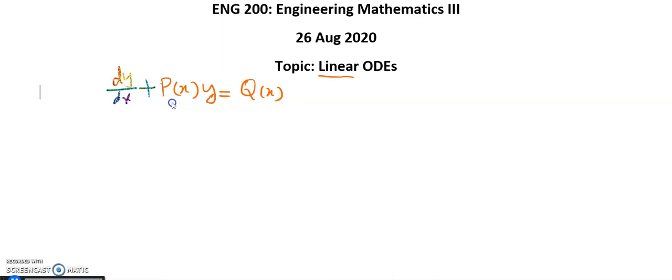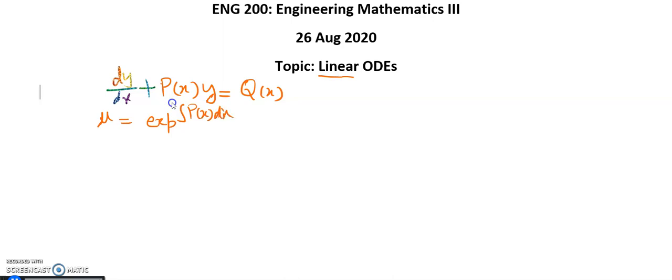This type of ordinary differential equation can be solved using the integrating factor. The integrating factor mu is an exponential, that means e to the power integral of this function p of x dx.